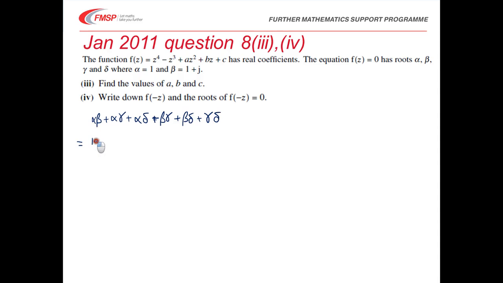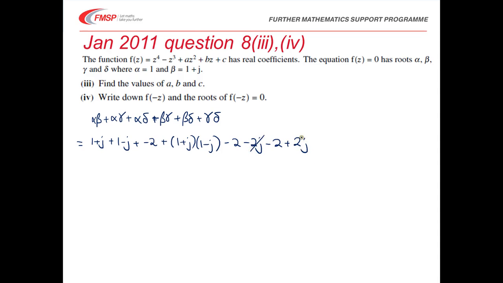Alpha beta is 1 plus j, alpha gamma is 1 minus j, and alpha delta is minus 2. Beta gamma is 1 plus j times 1 minus j. Beta delta is minus 2 minus 2j, and gamma delta is minus 2 plus 2j.